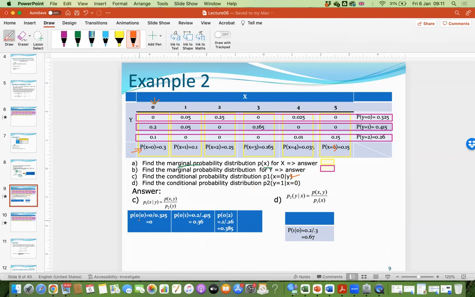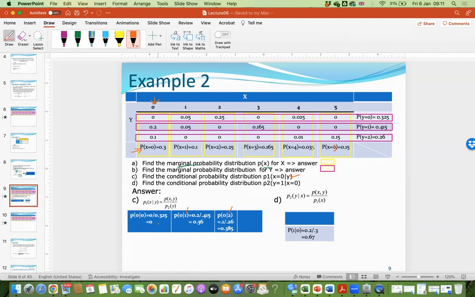So you can find the first one is x equals to 0, y can be equals to 0, x equals to 0, y equals to 1, x equals to 0, y equals to 2. So you just list down here.